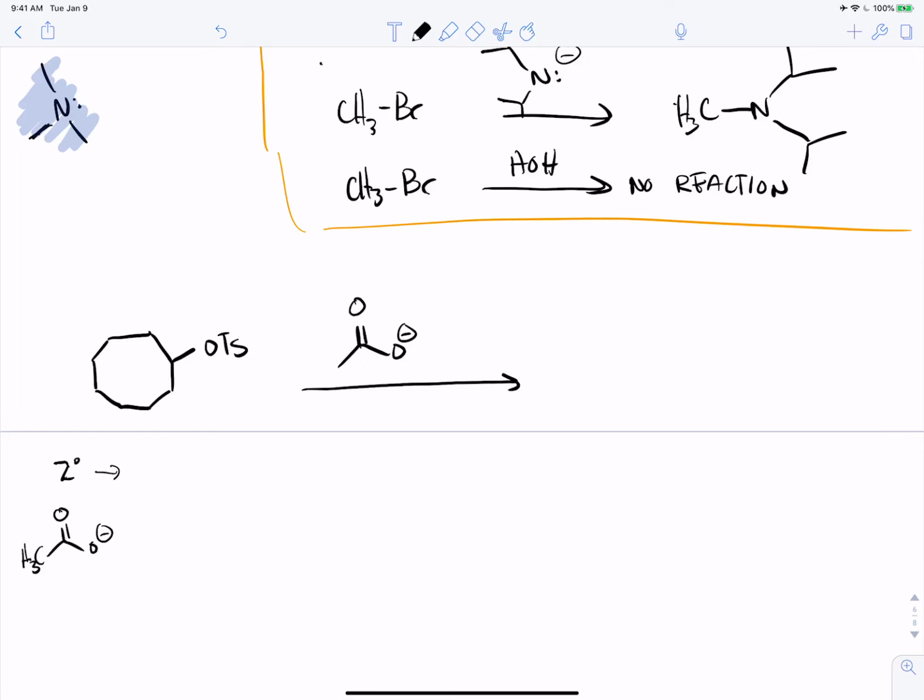So secondary, yeah, is this going to go through SN2, E2? We don't really know, right? That's part of the challenge of it. And then we look at this thing and it's a moderate nucleophile. It's a weak base. What's going to happen here? Yeah, this is probably going to go through SN2.